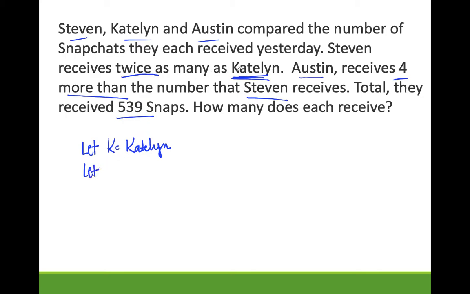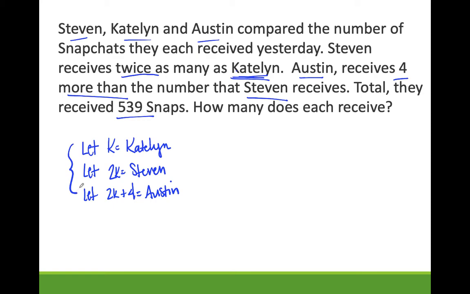If K is Caitlin, Stephen gets twice as many as that, so Stephen is 2K. Twice Caitlin. And then it says Austin is 4 more than Stephen. So we take what we wrote for Stephen, which is 2K, and then we just add 4 to it. So that is our third let statement for this one.